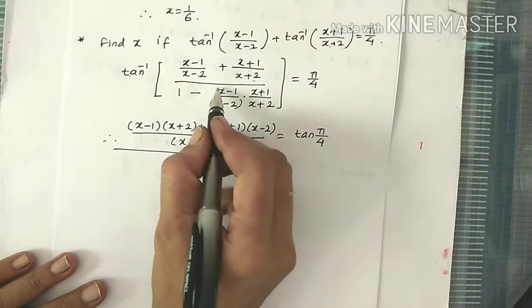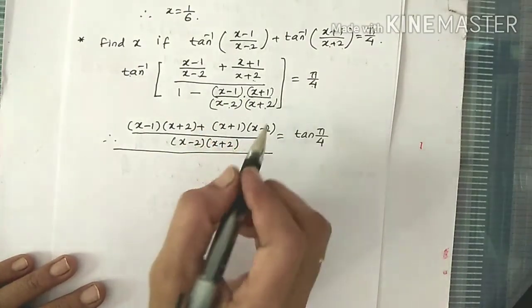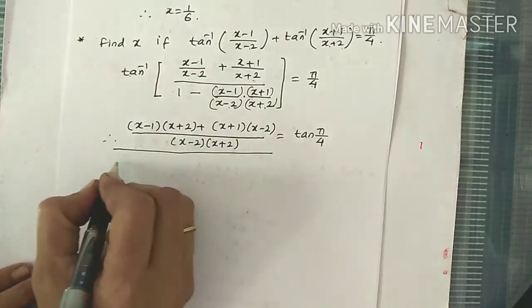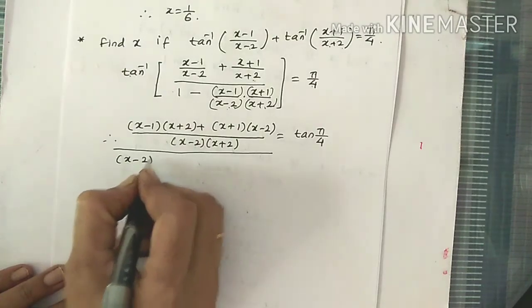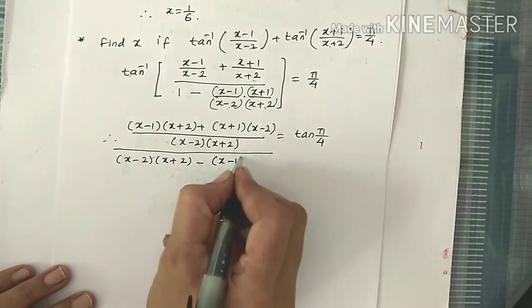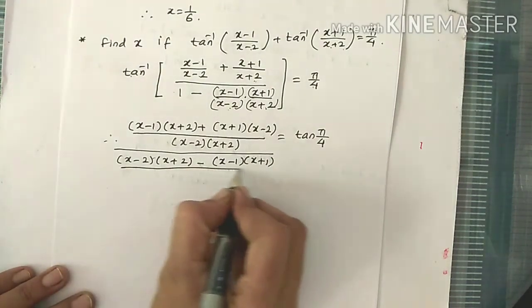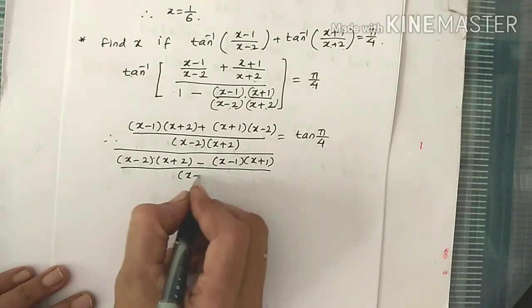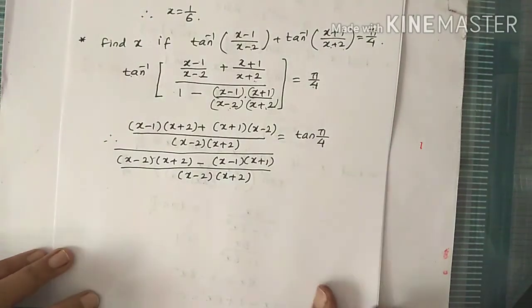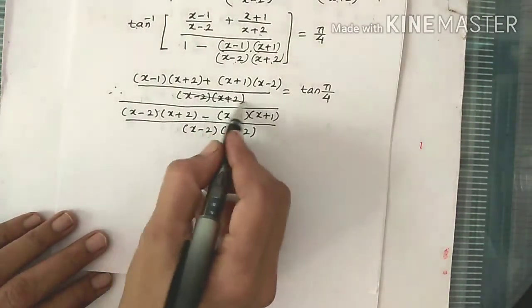The denominator is 1 minus the product of these two terms, taking LCM: (x minus 2) into (x plus 2) minus (x minus 1) into (x plus 1), divided by (x minus 2) into (x plus 2). Now in the numerator and denominator we have the same denominator, so we can cancel it.